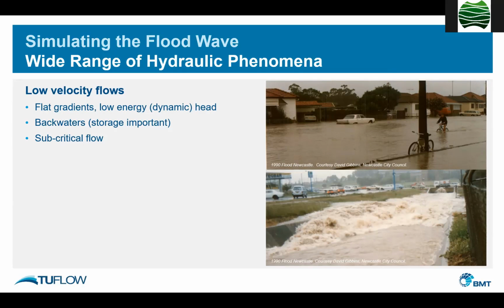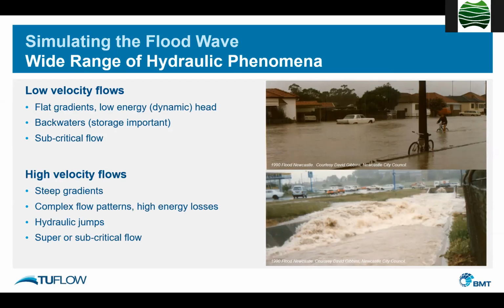It's low velocities, the water's hardly moving. You've got a guy just cycling through the flood waters there. Flat gradients, no dynamic energy head to be lost. And effectively subcritical flow. These backwater areas often can be quite large, so their storage or their volume can be very important to how a flood moves down a floodplain. But it's quite a benign sort of scenario.